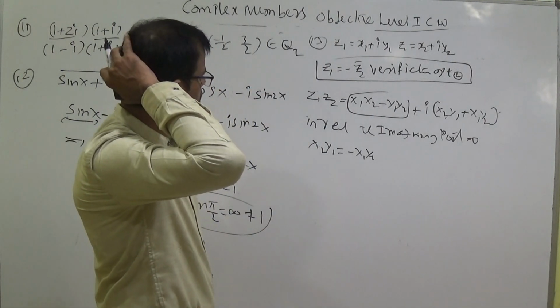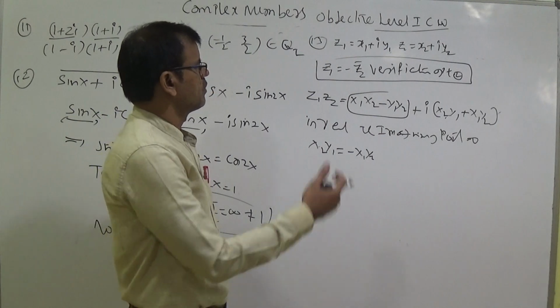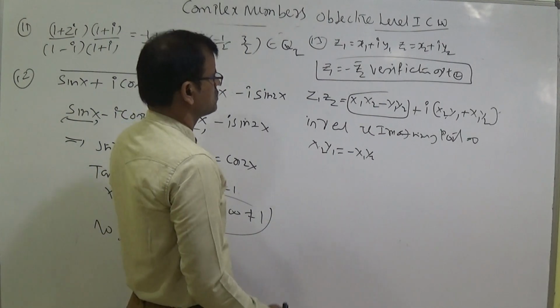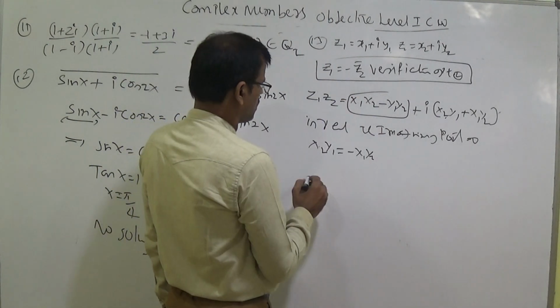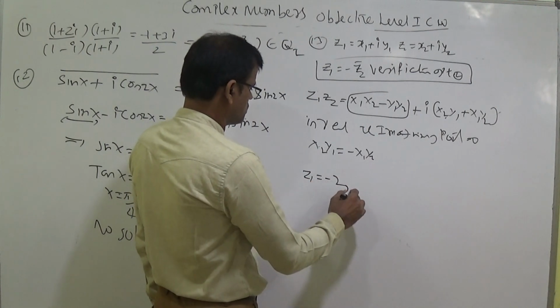And Z1 plus Z2 is a complex number. You can write x1 plus x2 plus I into (y1 plus y2). No need. Now Z1 is equal to minus Z2 bar. Let us write. Z1 is equal to minus Z2 bar.